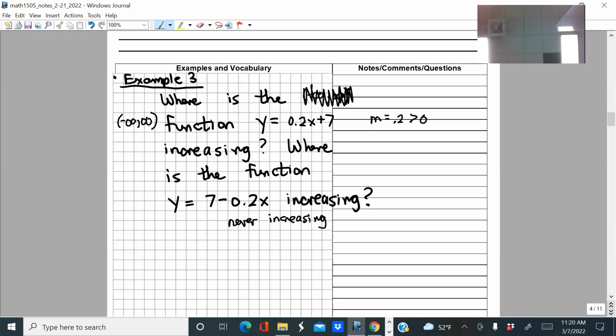That's going to be a big topic in calculus. How can I figure out where this curve is increasing, where it is decreasing, just from the formula without having to look at the graph?